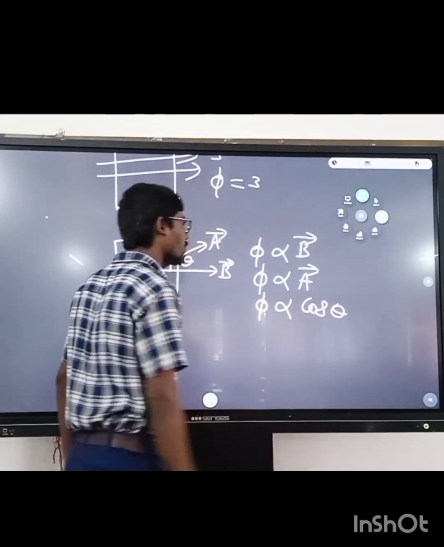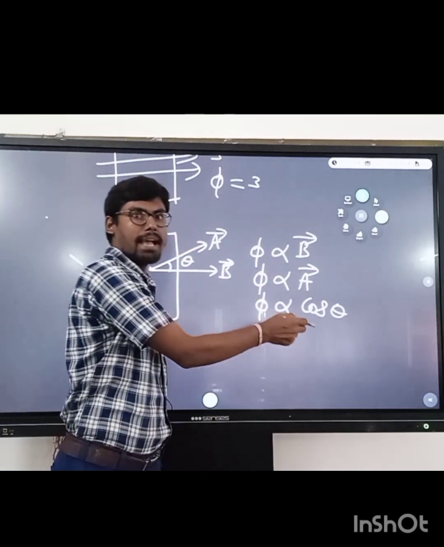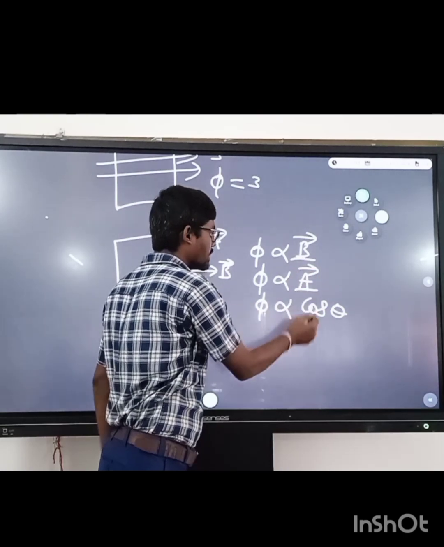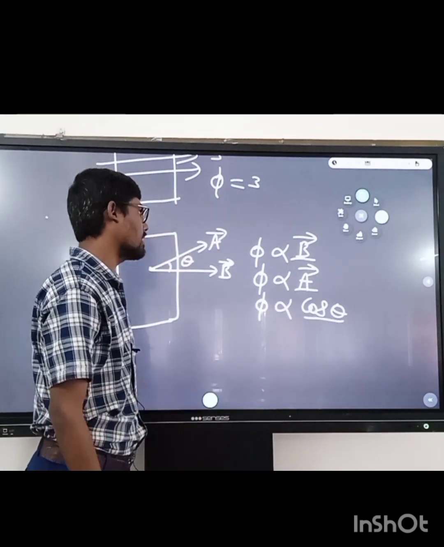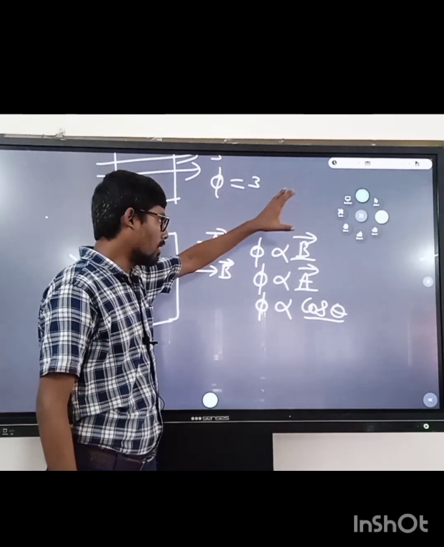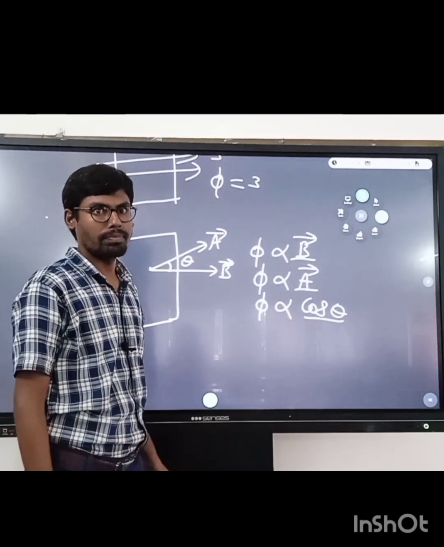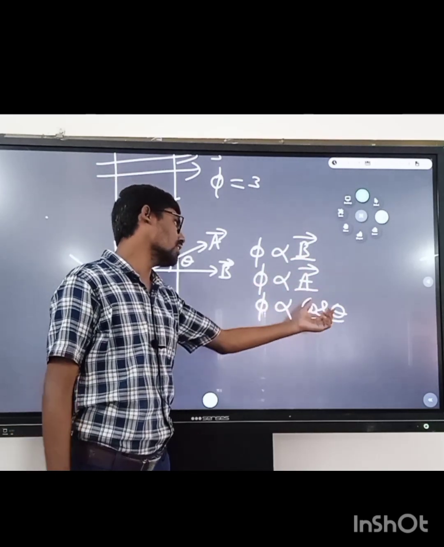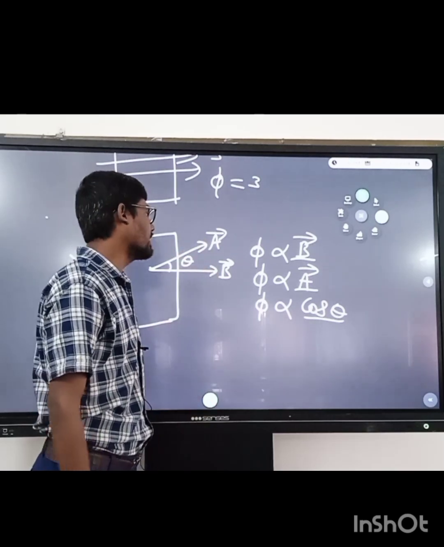So magnetic flux depends on these three factors: magnetic field, area, and cos theta, where theta is the angle between the area vector and magnetic field lines. By changing any of these three, we can change the magnetic flux, either by changing the magnetic field, or by changing the area, or by changing the angle between the area vector and magnetic field lines.